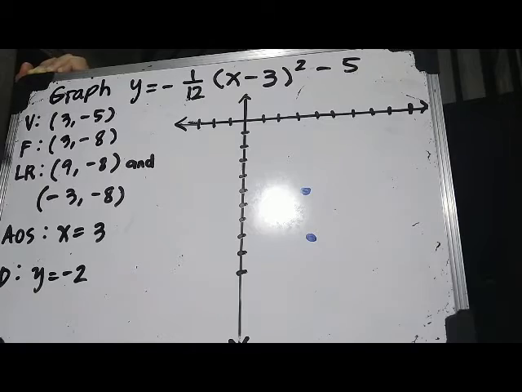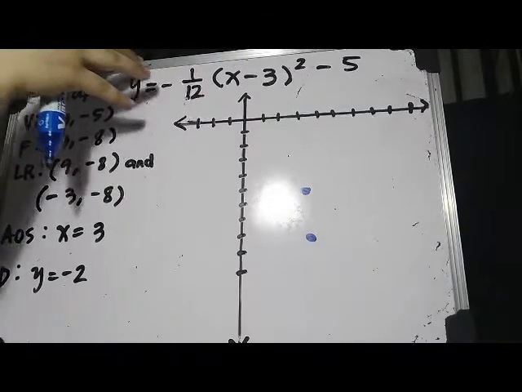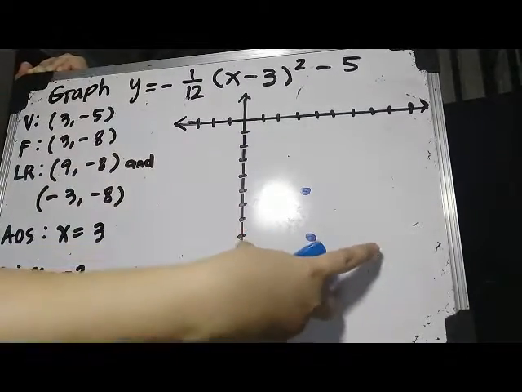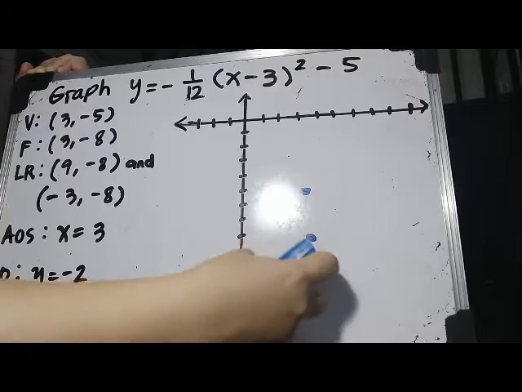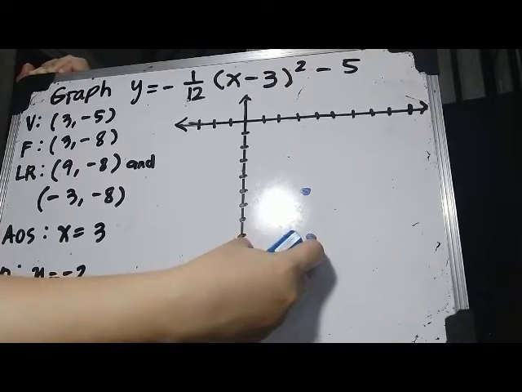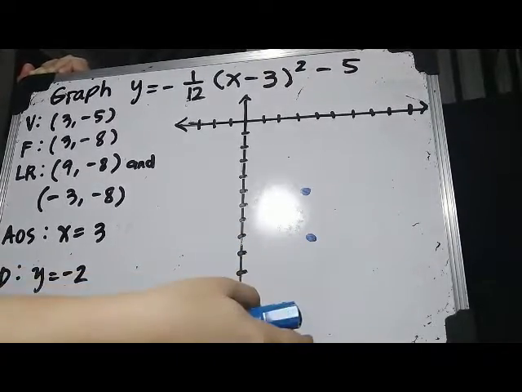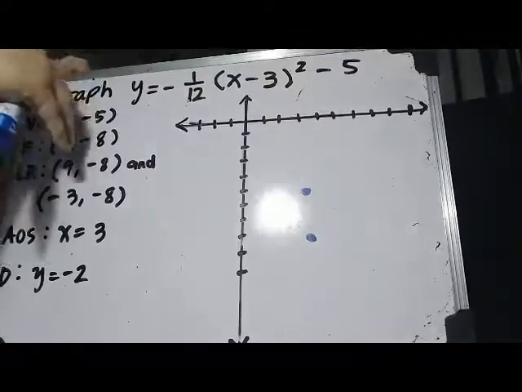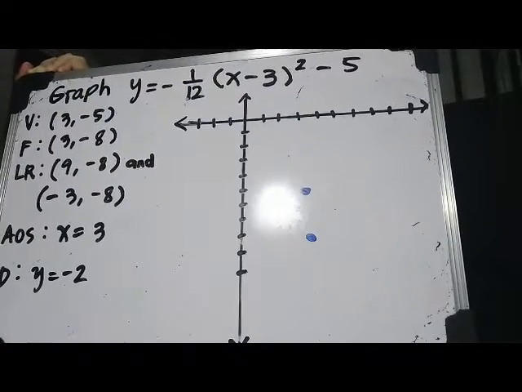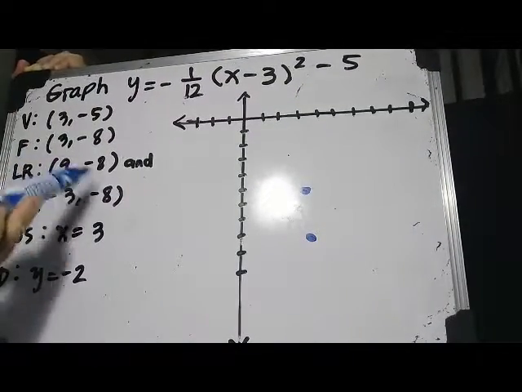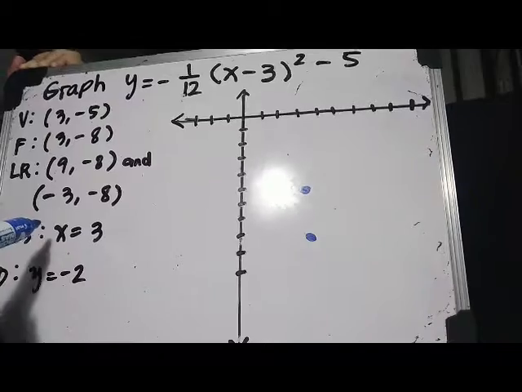But we know that a parabola is symmetrical, so if this length is 4p, this has to be 2p and this has to be 2p, so we could draw the symmetrical parabola. That's why we're going to have these 2 points right here.